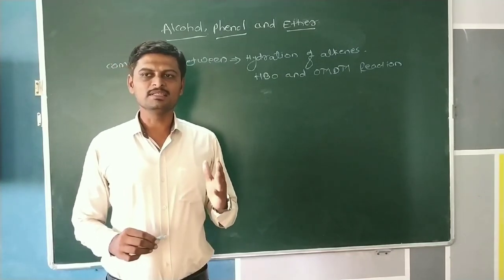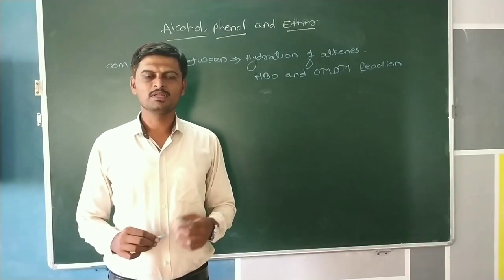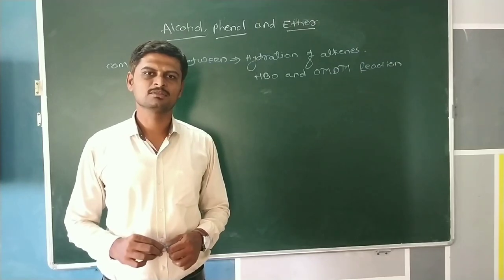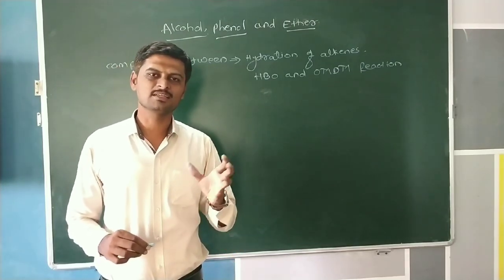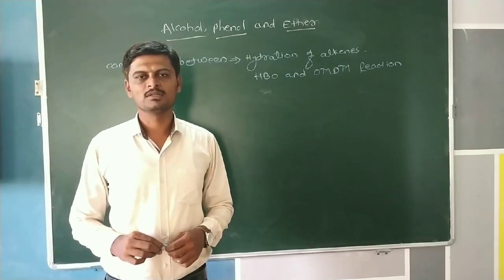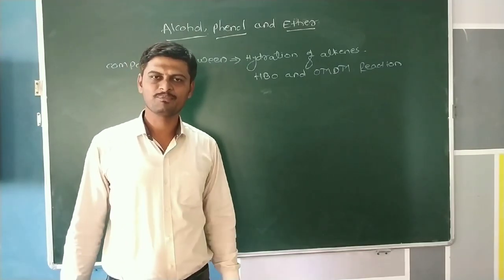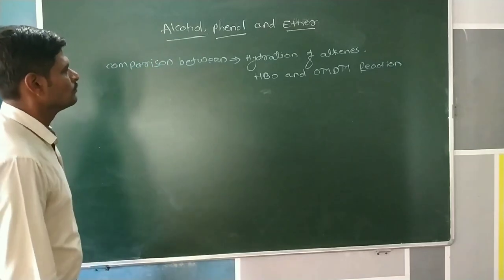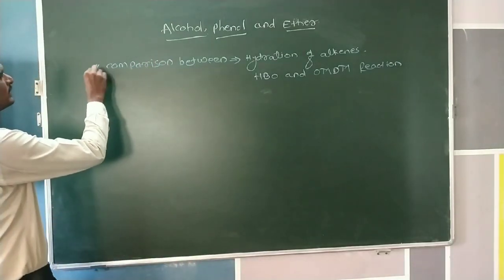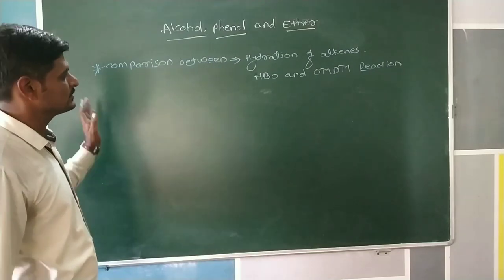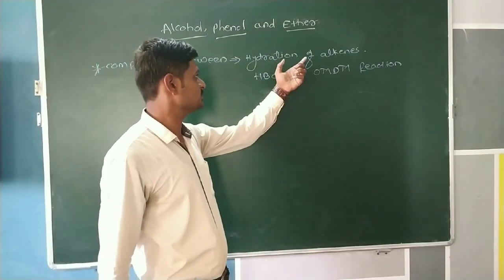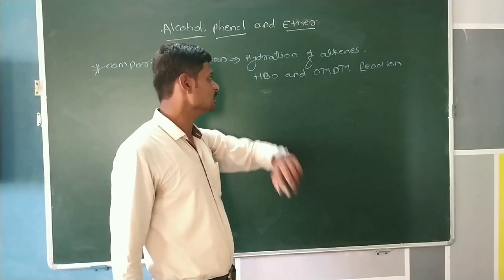In these reactions, there is a little bit of difference between the reactant, the product, as well as the reagent. Using these reactions, we compare all three examples of preparation of alcohol from alkene.